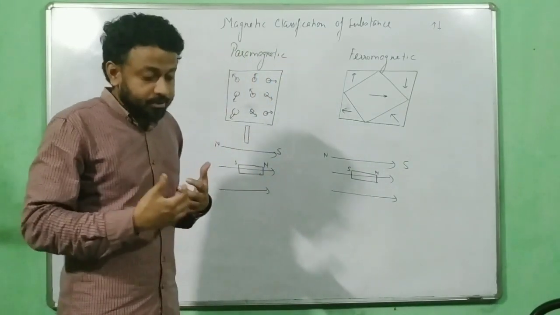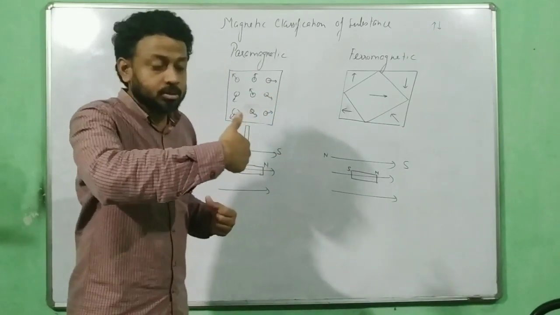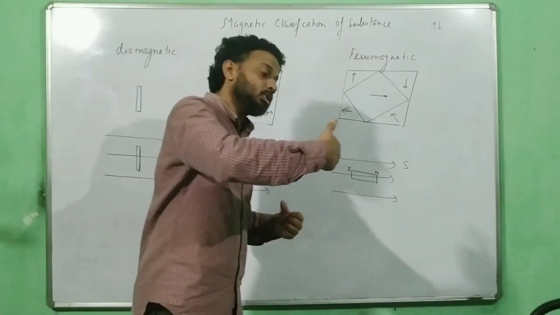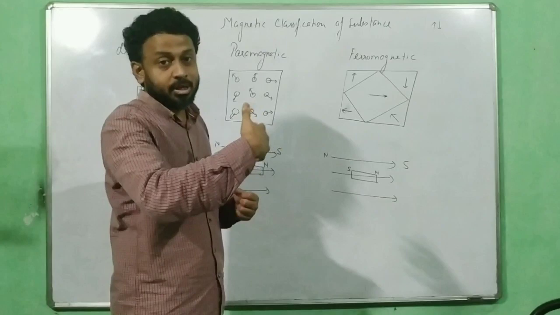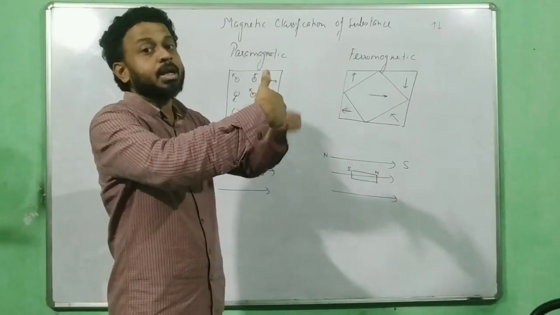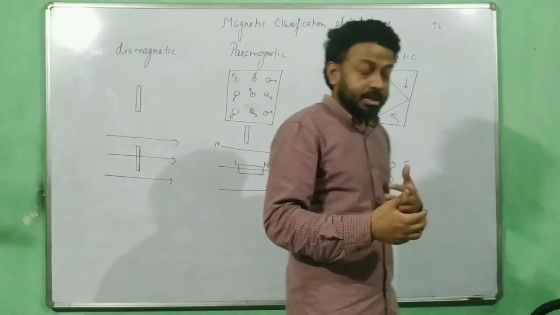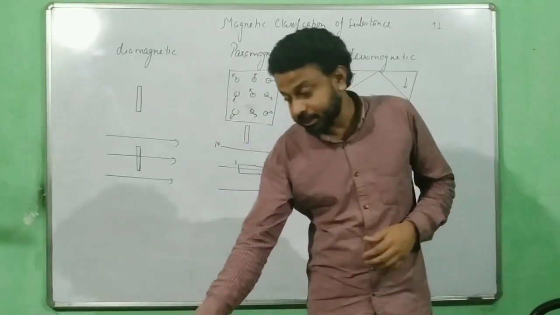The one which is in the same direction tries to slow down, and the one which is opposite to the magnetic field tries to gain. So ultimately, it creates a net moment in the opposite direction.